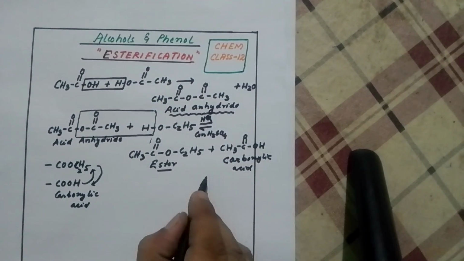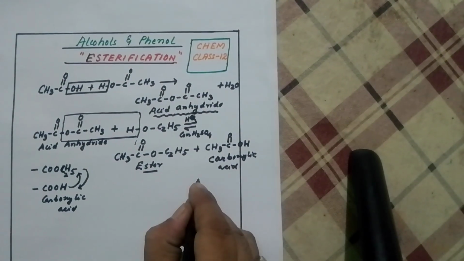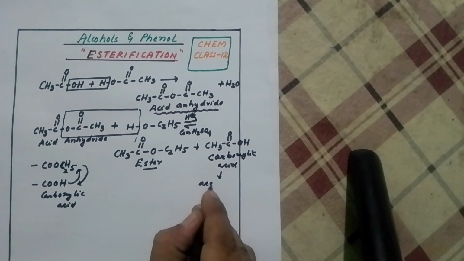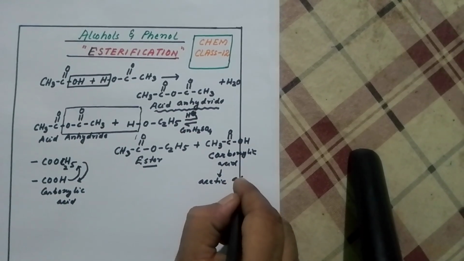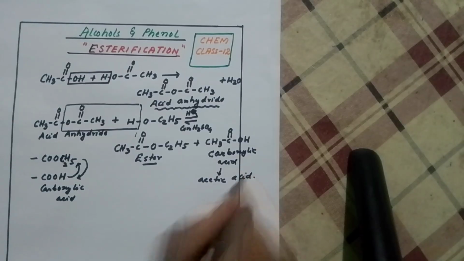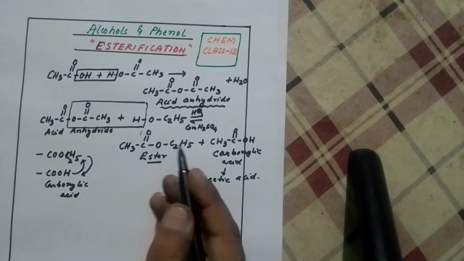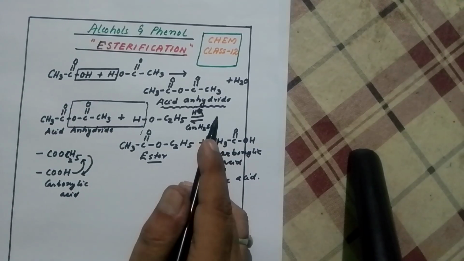And what name did we give for the carboxylic acid? The first name we gave was acetic acid. Okay, now see here, the equilibrium was there in the first lecture.